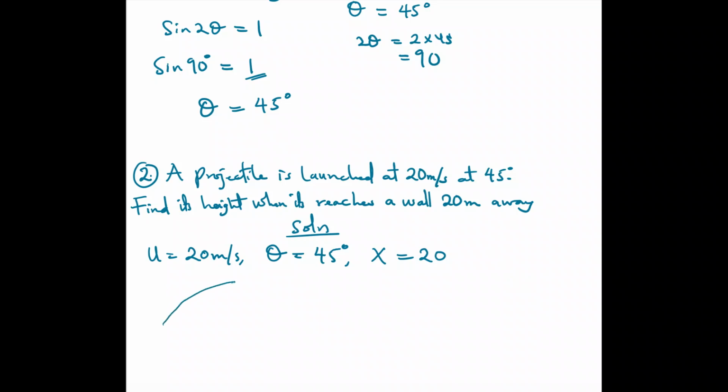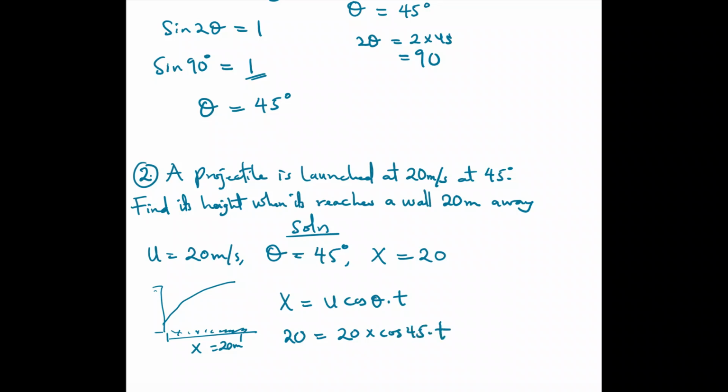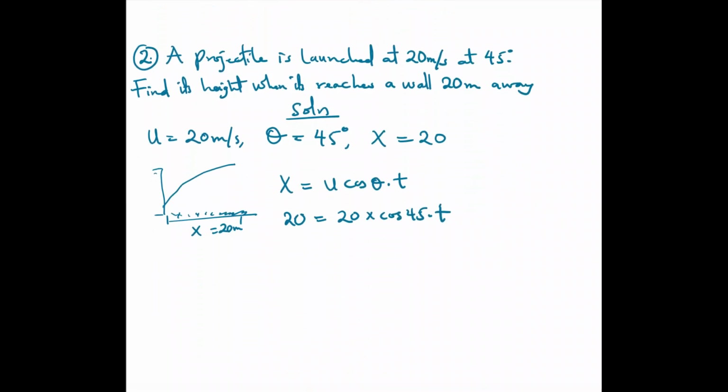So let's say that this is the projectile, this is the wall, and this is the horizontal floor. So we are looking for this distance, which is x, given as 20 meters, okay? So we know that the formula for horizontal motion, x, is equal to u cos theta times the time. So we have 20 is equal to 20 times cos 45, times t. So we're looking for t now in this case.